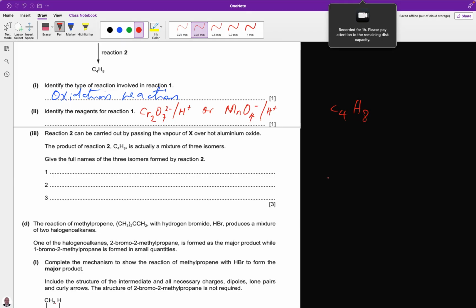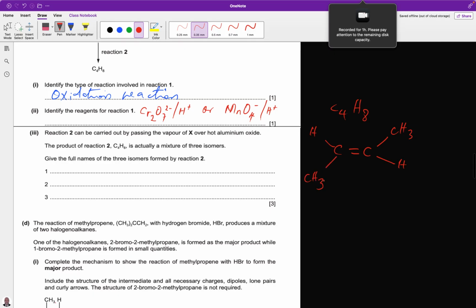In that case, we can have a double bond, a compound like this. We can have a compound like this one. And in that case, this is a trans isomer.